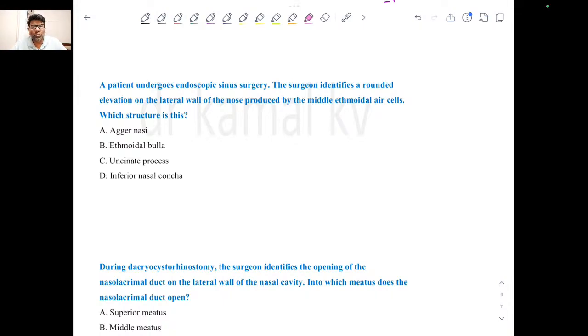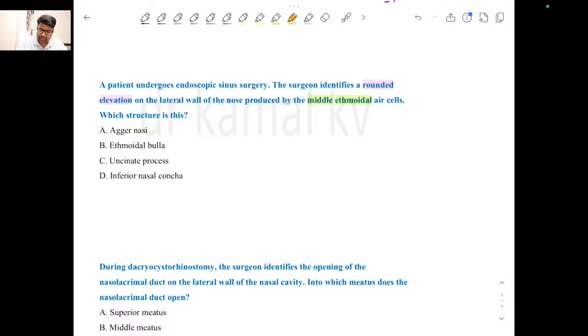A patient undergoes endoscopic sinus surgery. The surgeon identifies a rounded elevation on the lateral wall of the nose, which is produced by the middle ethmoidal air cells. Now, what is this landmark?